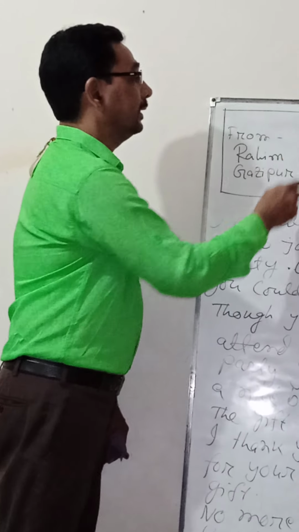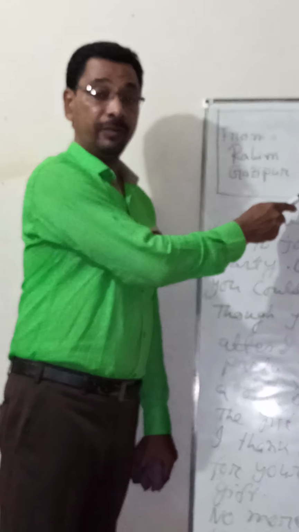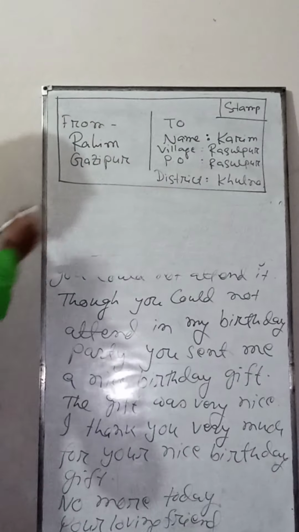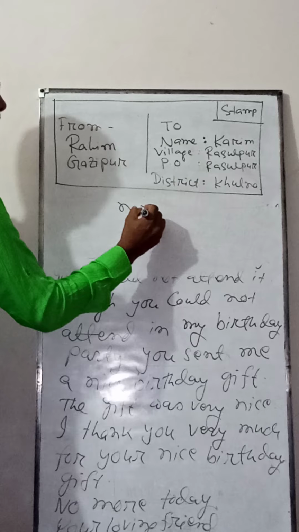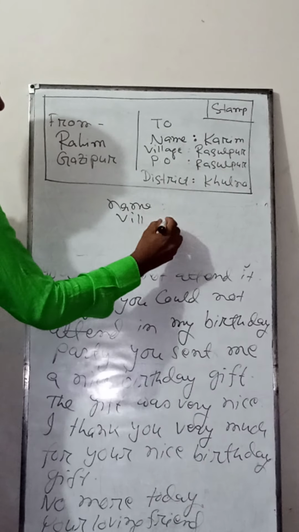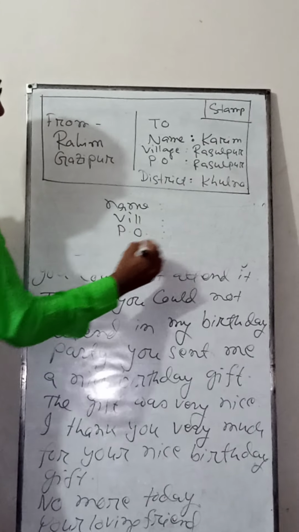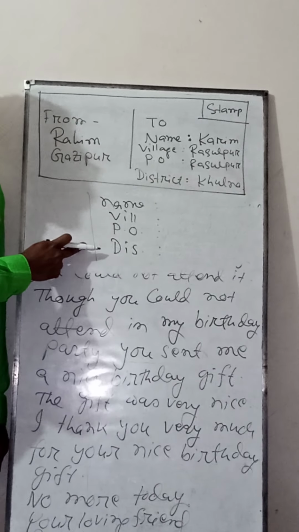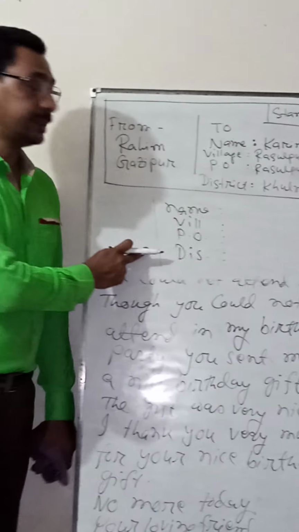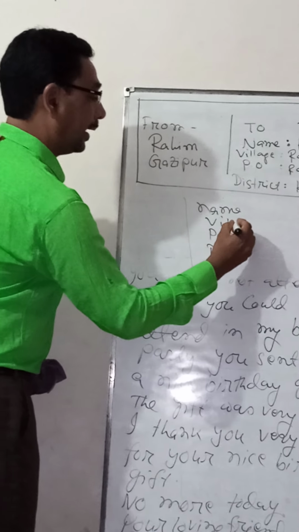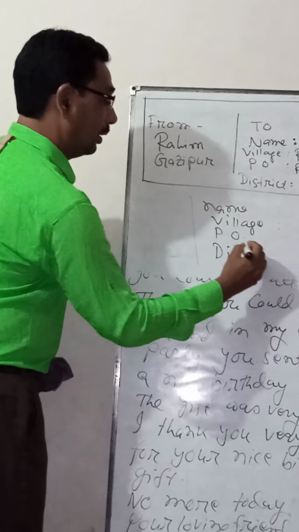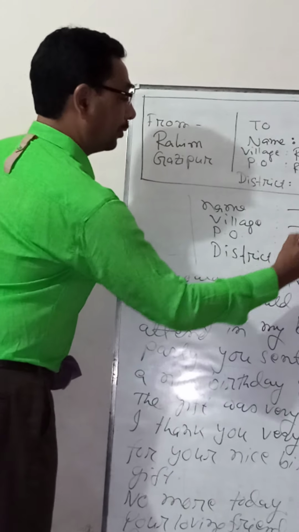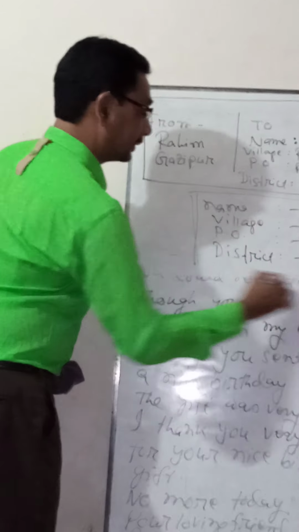You have to address the recipient briefly, but many students write, suppose, name, village, post office, this way. This is completely wrong. You should not do this. You have to write completely: village, post office, district. You have to write this in detail.